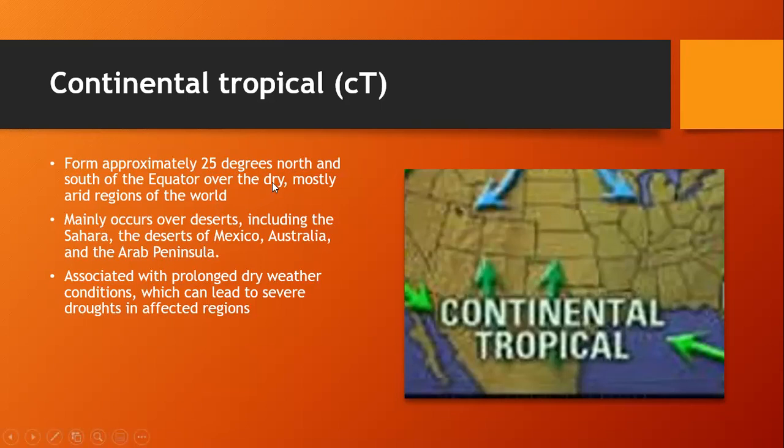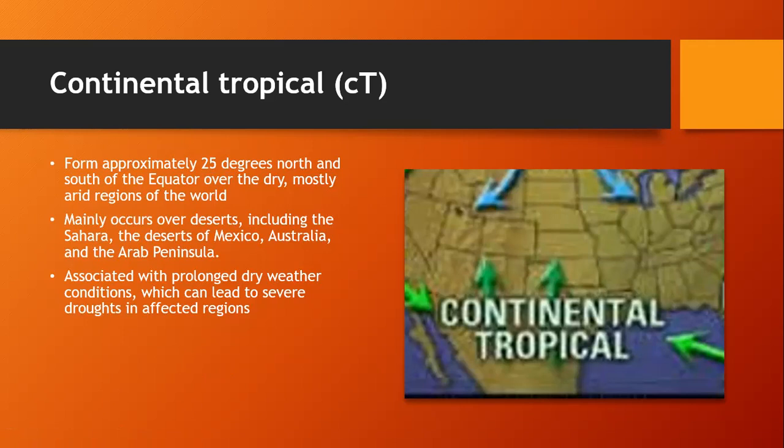And now the difference between the continental tropical and the maritime tropical is that continental tropical air masses primarily occur over desert-like areas. So they occur over the Sahara desert, the dry parts of Mexico, dry parts of Australia, the Arabian Peninsula. And these air masses are associated with drier climates.